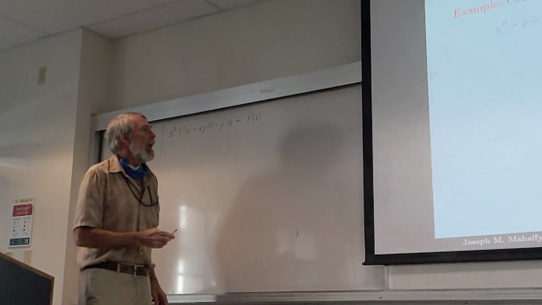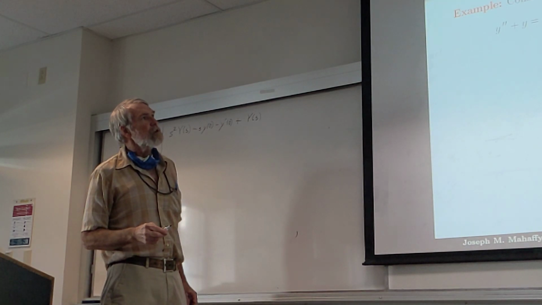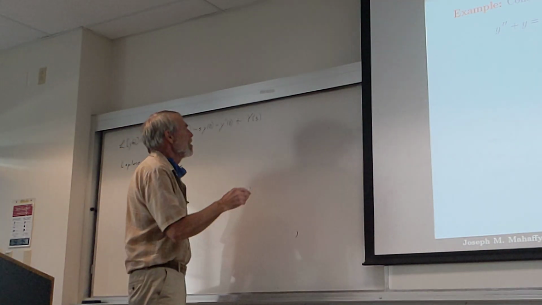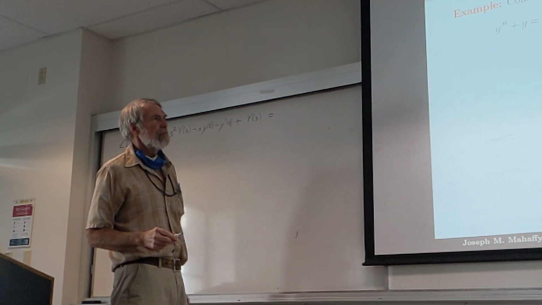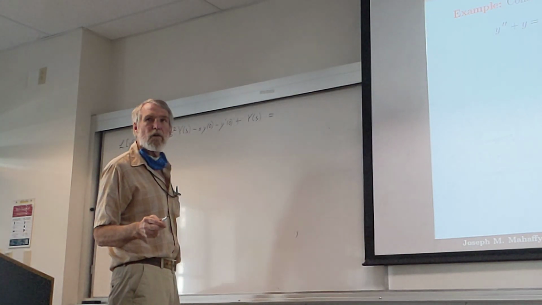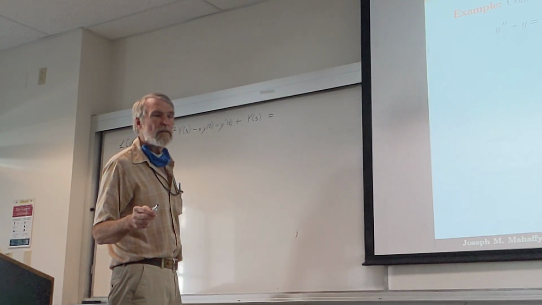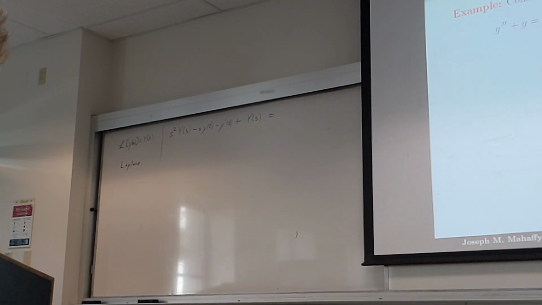And now we have e to the minus t cosine 2t. What does that give us? If I want the Laplace transform of cosine 2t, what does that one give us?